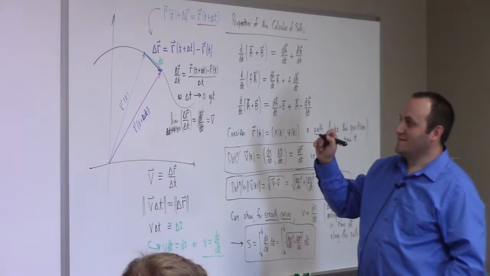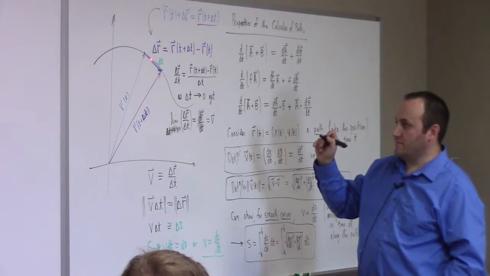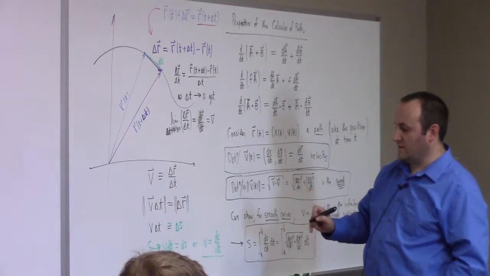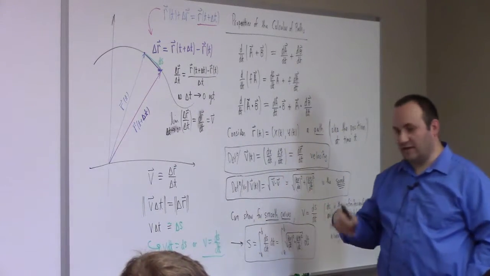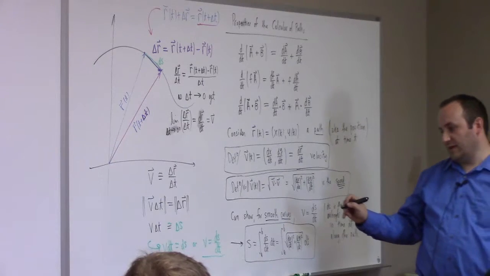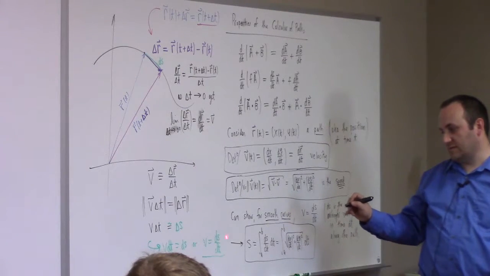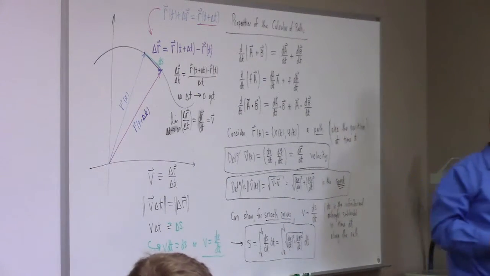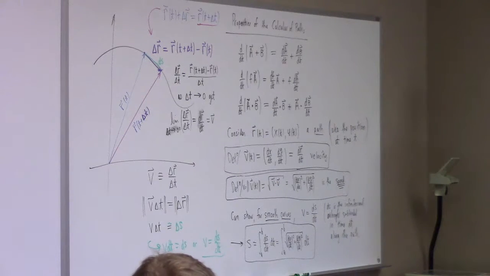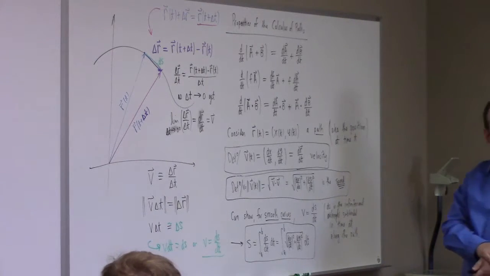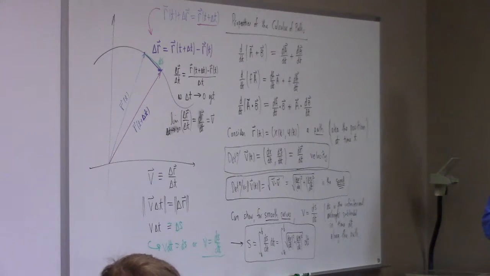And so this is an approximation, but if you look at the limit as delta t goes to 0, we get that v is equal to ds/dt. So the speed is connected to the arc length in this way. And again, if you want to get the net arc length, you just integrate ds/dt with respect to t. So the integral of the speed over the appropriate time domain gives me the arc length.